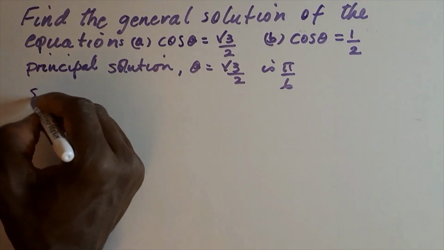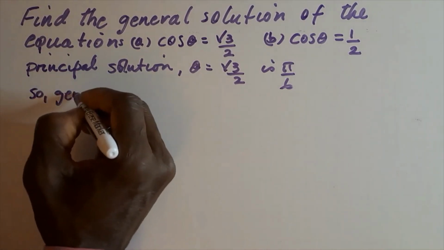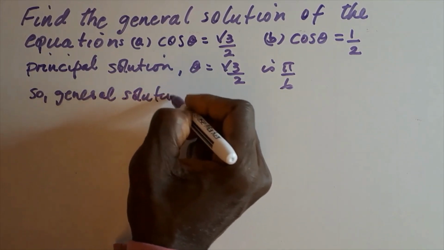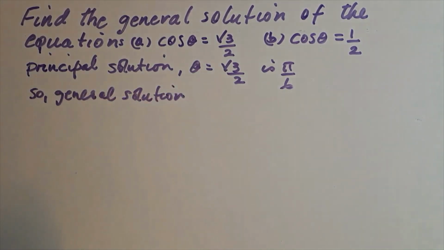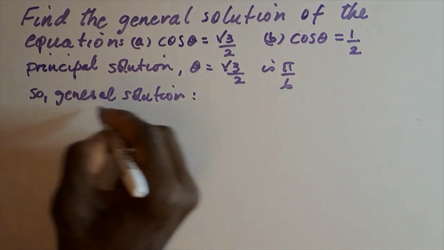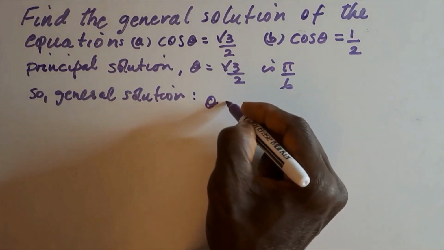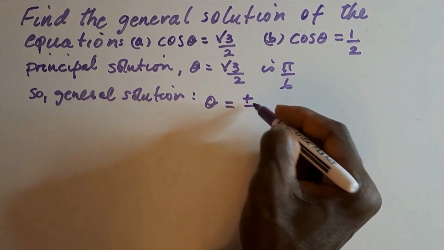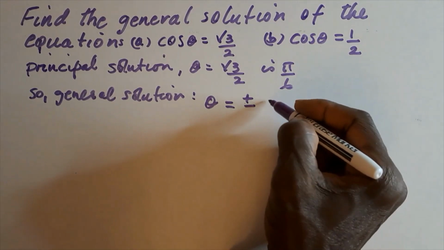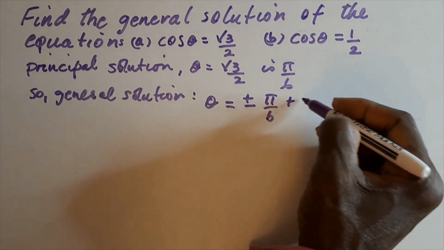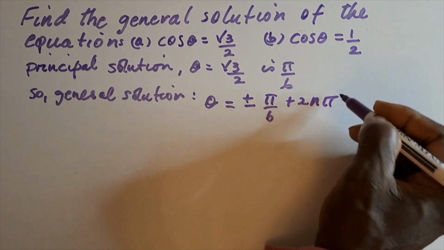So the general solution is theta equal to plus or minus pi over 6 plus 2n pi.